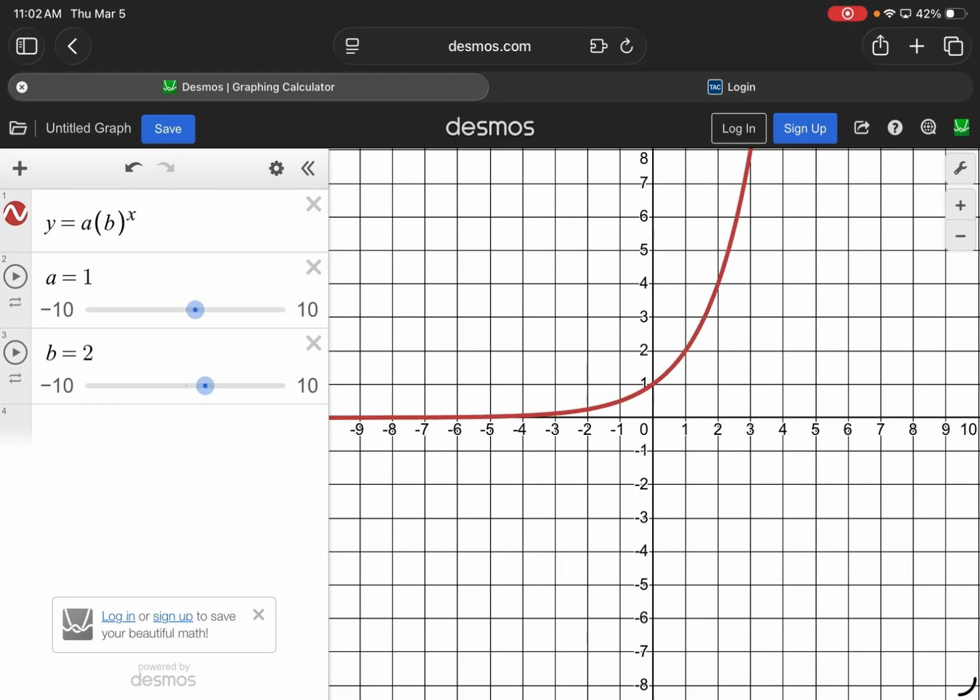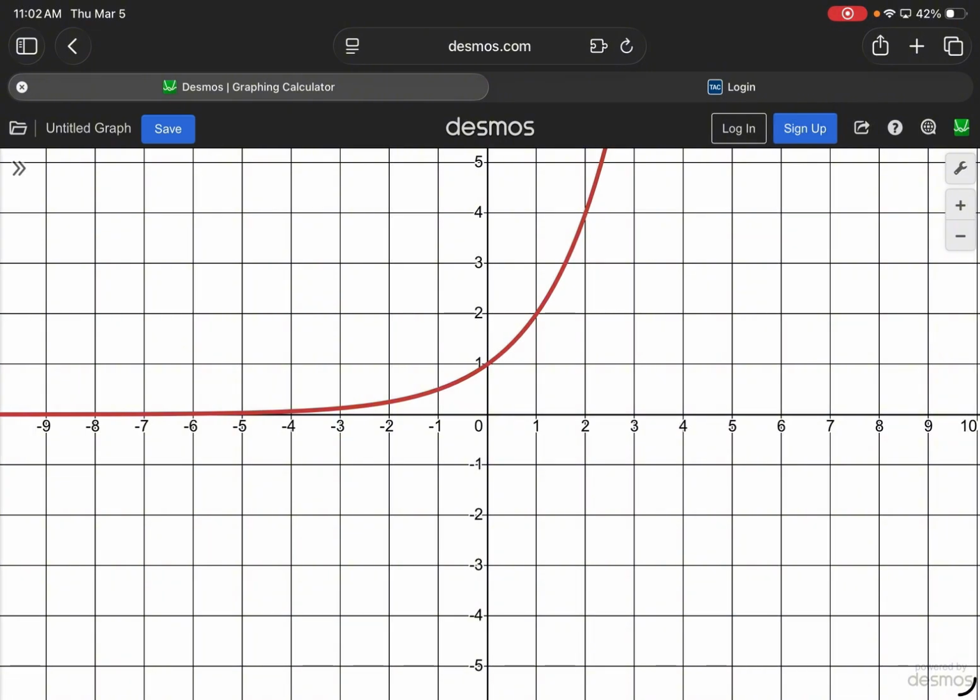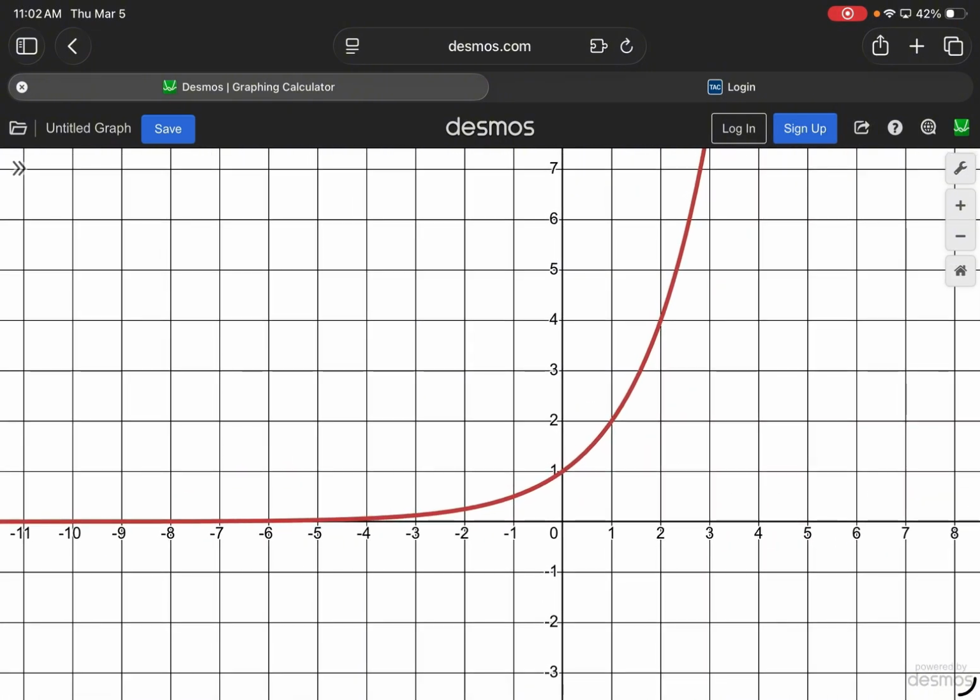What do you think is the x-intercept? What does it look like the x-intercept is? What do y'all think, give me a number for the x-intercept.